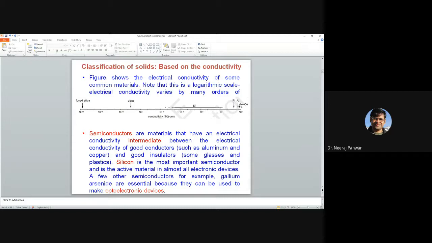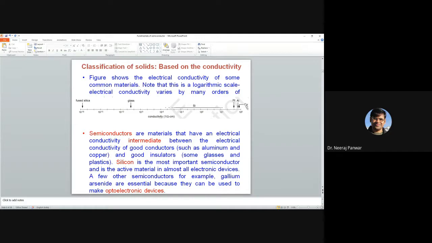The other reason is that metals do not possess any band gap. In metals, the valence band and conduction band overlap with each other. There is no band gap. In the case of insulators, the band gap is very, very high, not useful for ambient conditions.